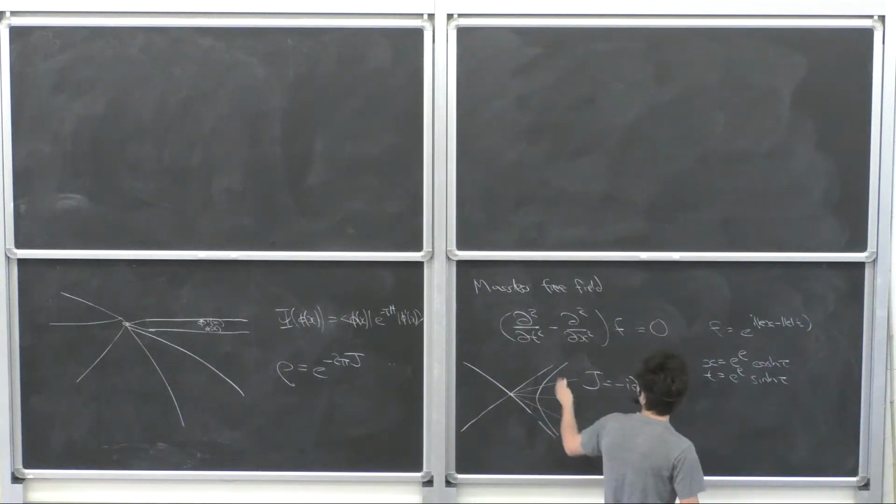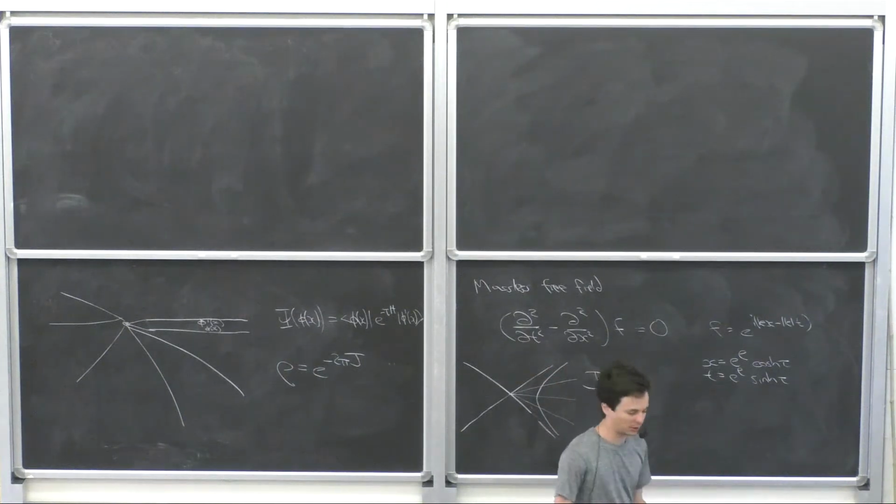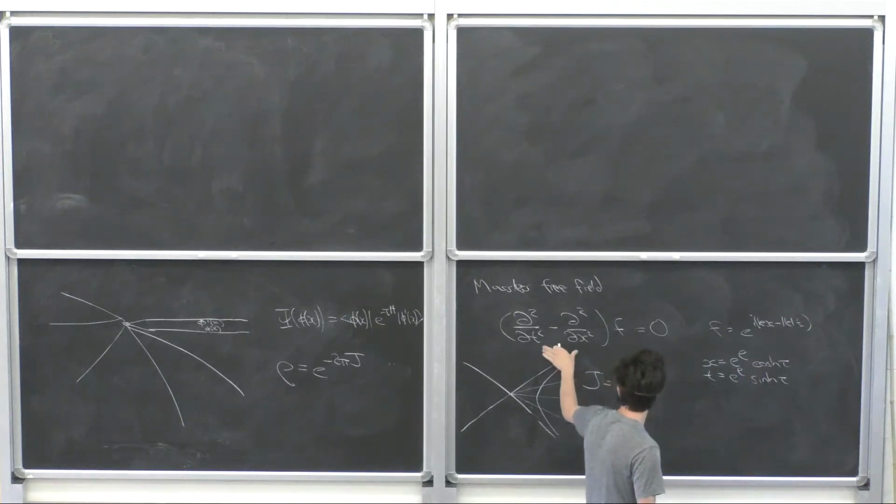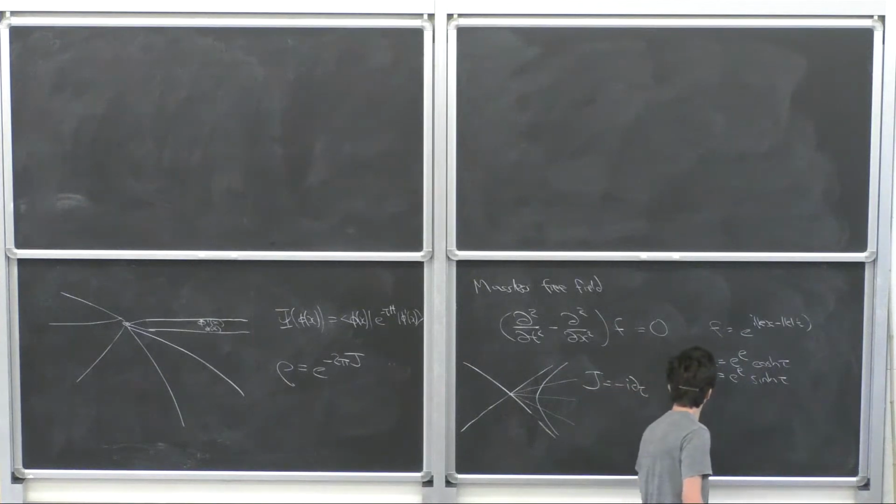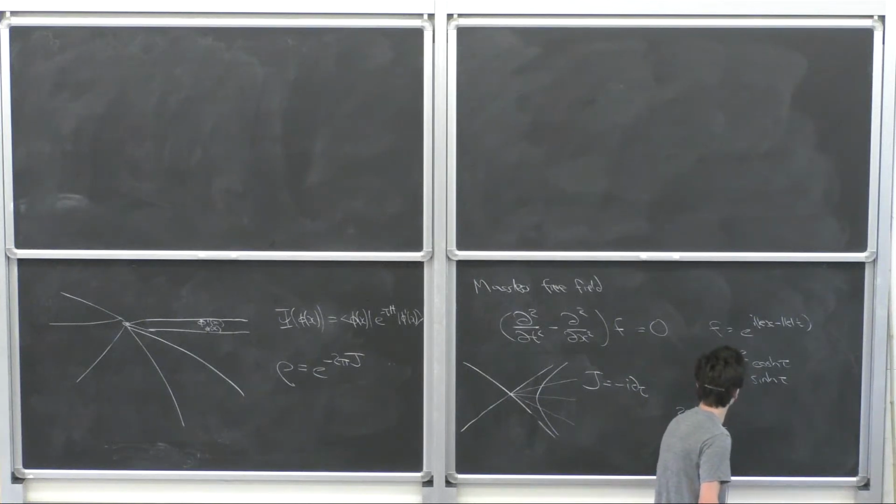It turns out, this is a very simple exercise. If you rewrite this equation in terms of rho and tau, you get an e to the 2 rho out the front, and then you get d by d tau squared minus d by d rho squared.